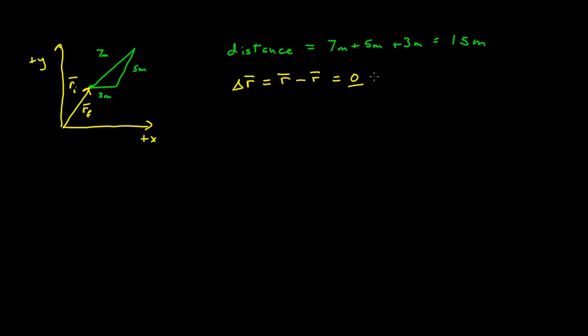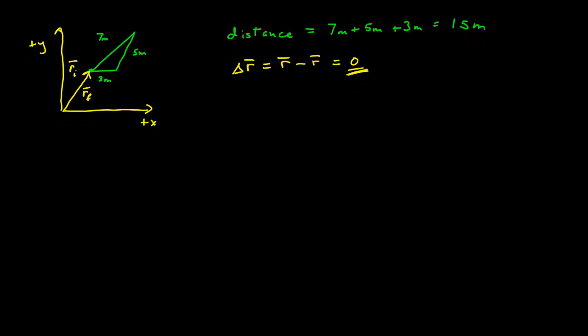So the displacement in this case is 0 if the particle ends where it started. You can see there's quite a bit of difference between the distance and the displacement. As always, the distance is a scalar and the displacement is a vector. You can have a substantial distance covered with the displacement being 0 if you end up at the same place where you began.